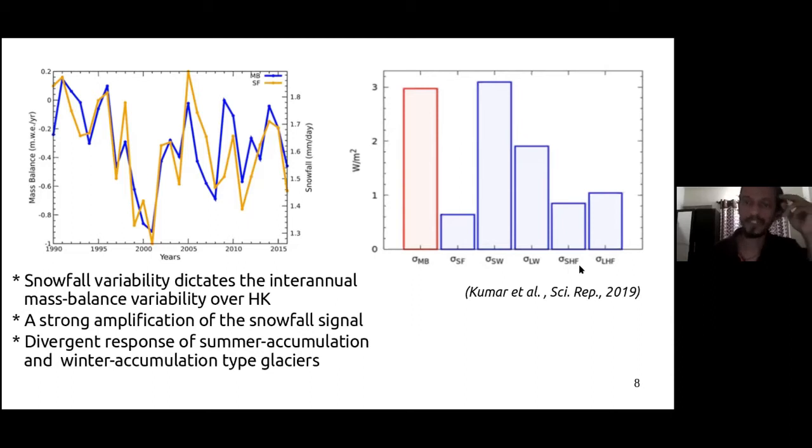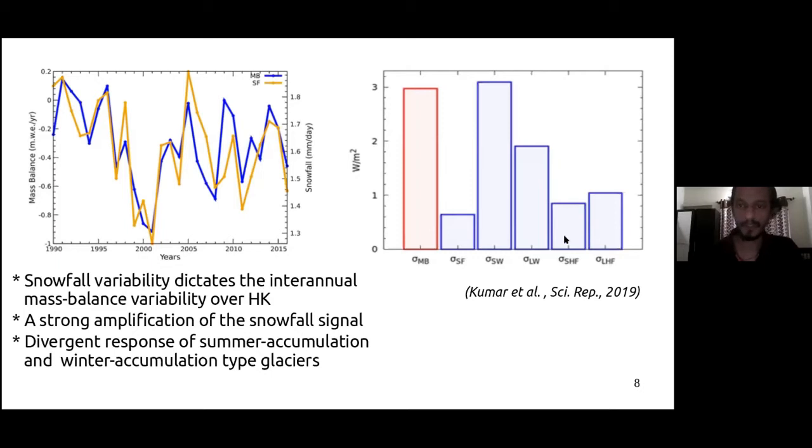And what we saw was the mass balance variability all over Himalayan Karakoram, roughly 3 watt per meter square according to his model over some 40 years or so. Basically, you take a linear combination of these quantities to get the mass balance, and this is their variability.